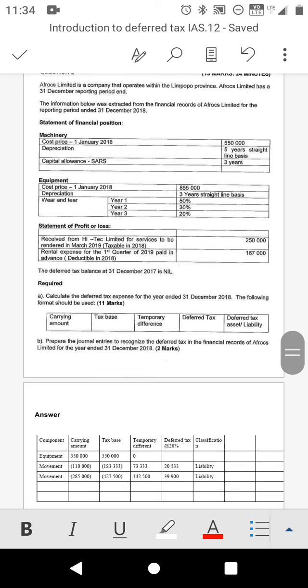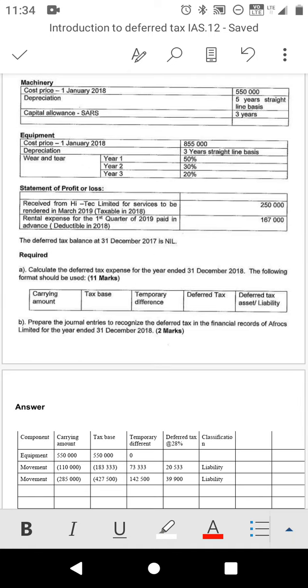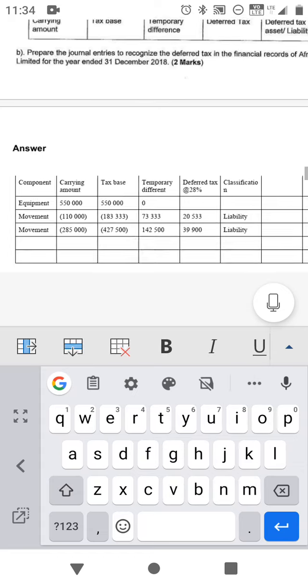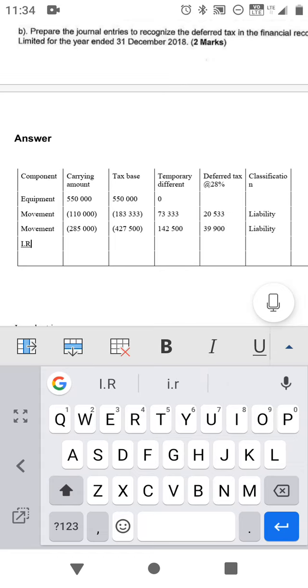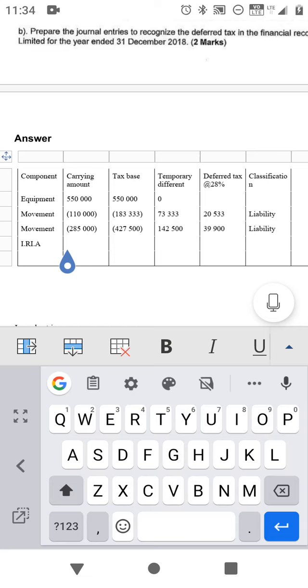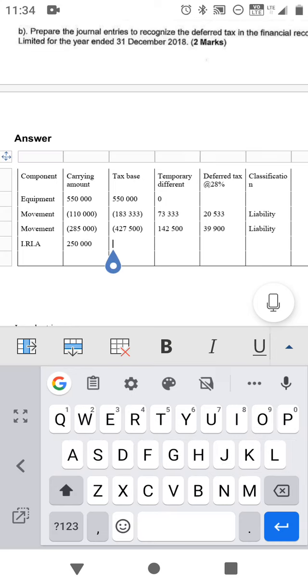Number one, we have income received in advance of 250. Income received in advance is 250. Yes, under books of accounting it is recorded. But does SARS know anything about that?